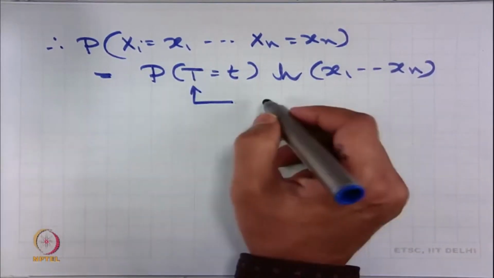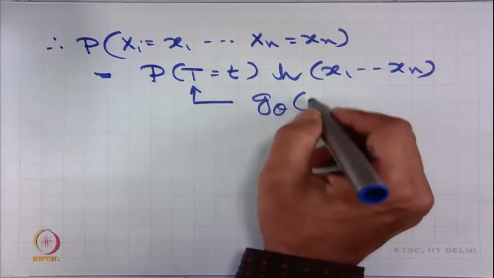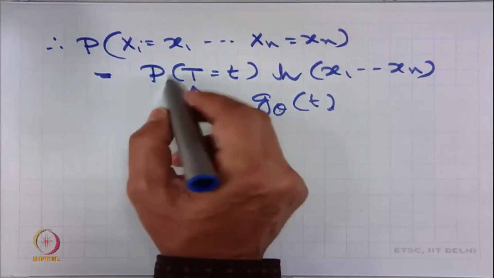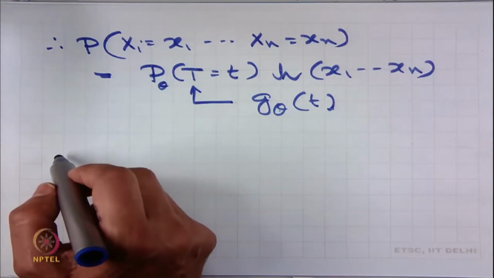Let us call it g theta of t, because this probability will automatically involve the parameter theta.